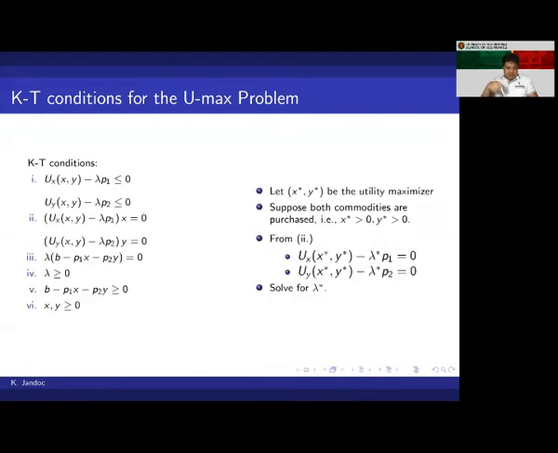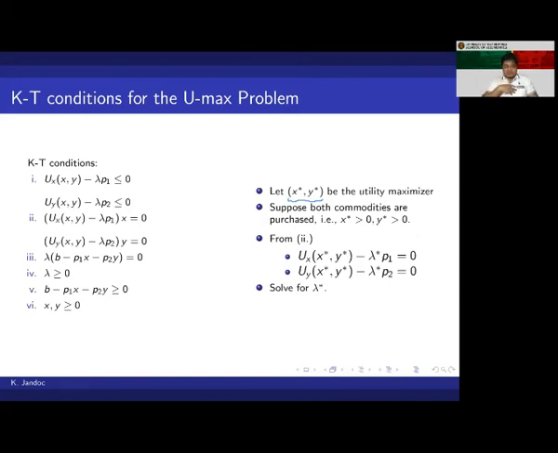Now, before we go to an example where we can solve this utility maximization problem, we'll first analyze the Kuhn-Tucker conditions in some cases. Suppose we assume that x star, y star is the utility maximizer, meaning that x star and y star is the consumption that will give the consumer the highest utility.